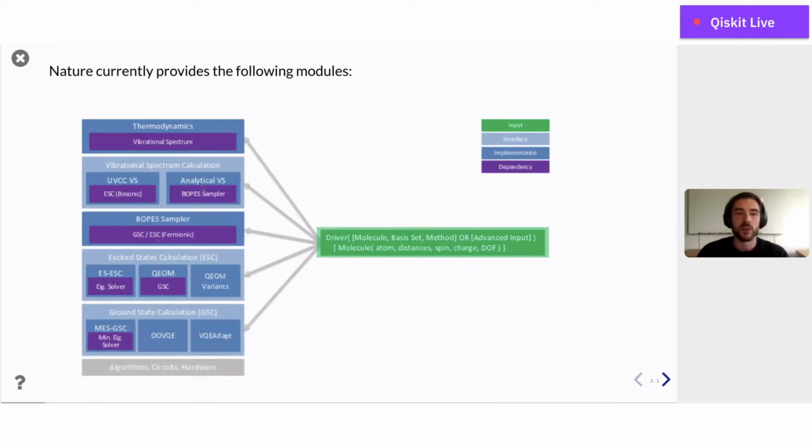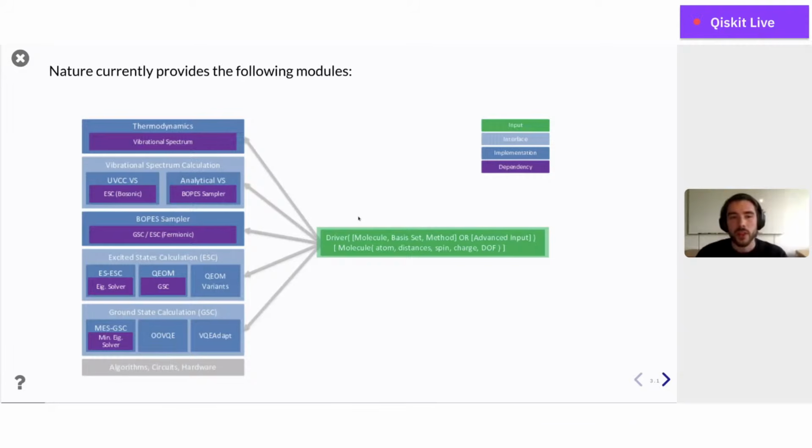We can calculate vibrational spectra, and we can also do thermodynamics. All of these take as inputs so-called drivers, because we always rely on a classical pre-calculation to perform some very efficient computations of the coefficients that we need in order to represent our problem on the quantum computer. And I will get into the details of all of this in a second.